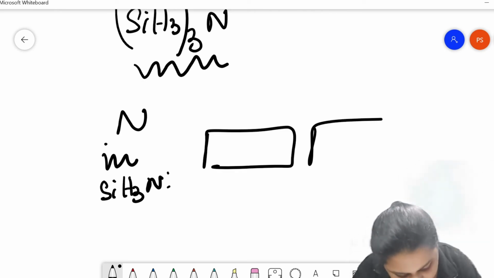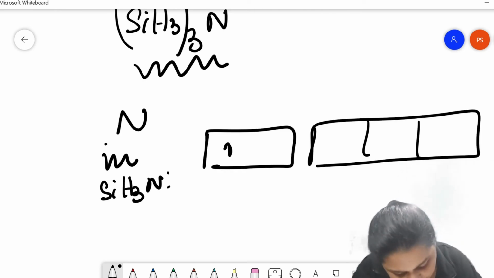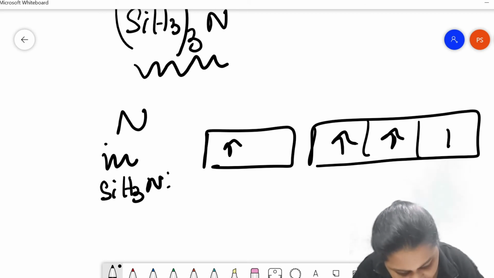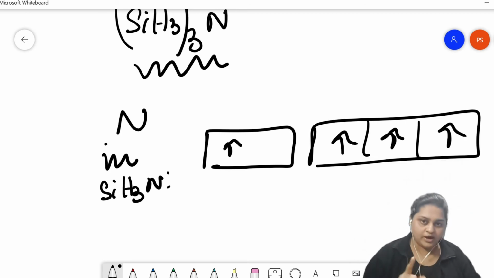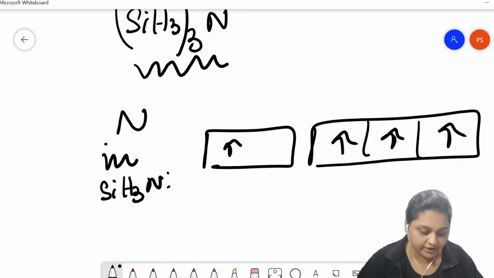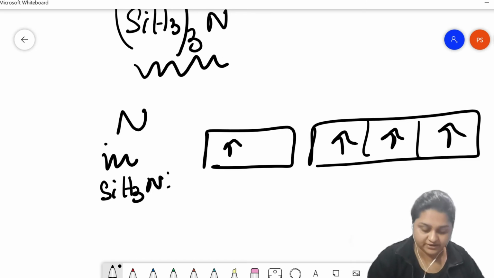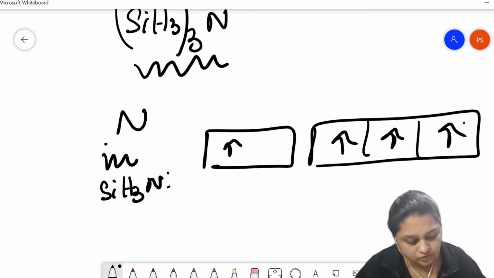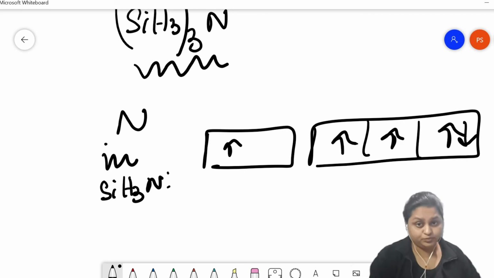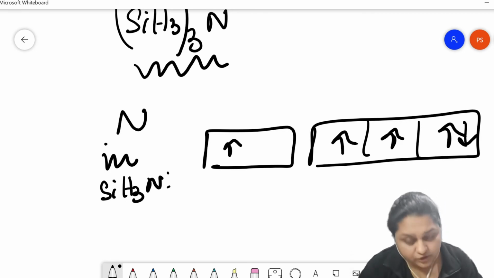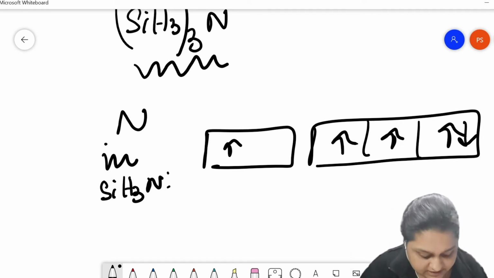In a similar way, nitrogen in the excited state in the compound (SiH3)3N will have the hybridization in which one of the paired electrons in the 2s orbital will jump to the 2p orbital, and it will reorient the electronic configuration like this.